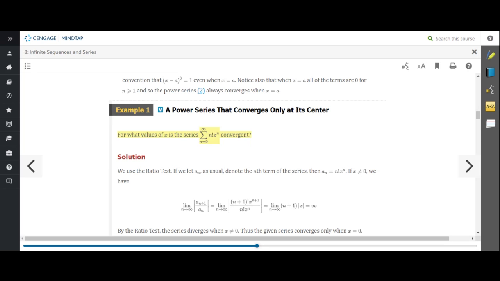Good, Mohammed. 0. And you would just have 0. So the series would converge when x equals 0. But if x is anything else, the series should diverge because the n factorial coefficients are getting larger.